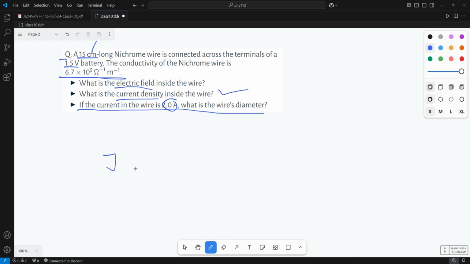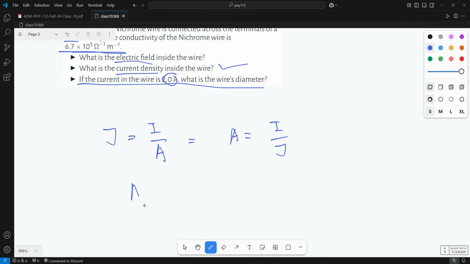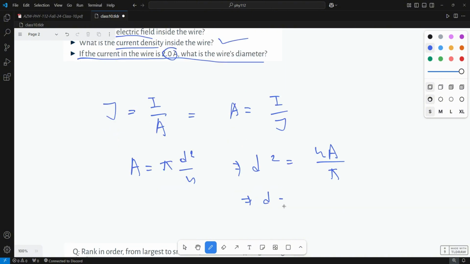We know current density J is equal to I by A. We can find A is equal to I by J. Now we can write A equals pi d squared by 4, or d squared equals 4A by pi, or d equals root over 4A by pi. So this will be the value of the diameter of the wire.